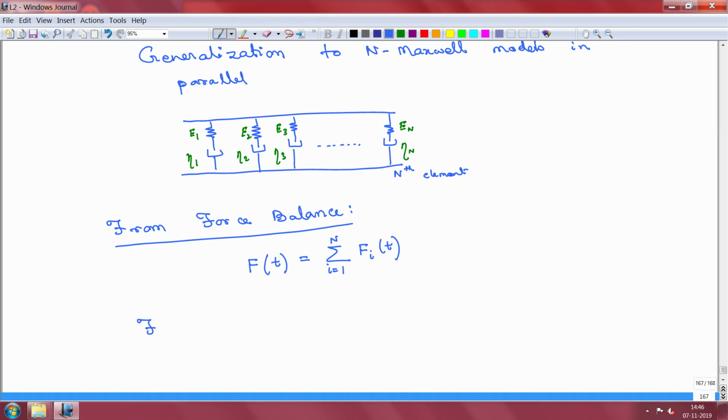Similarly, from geometry, you will have the constraint that the system displacement is the same as the displacement of all the individual elements. So, I can write that delta x is equal to delta x i for all i from 1 to n.